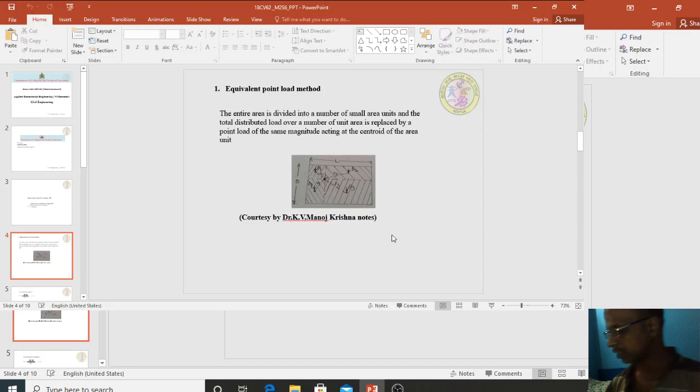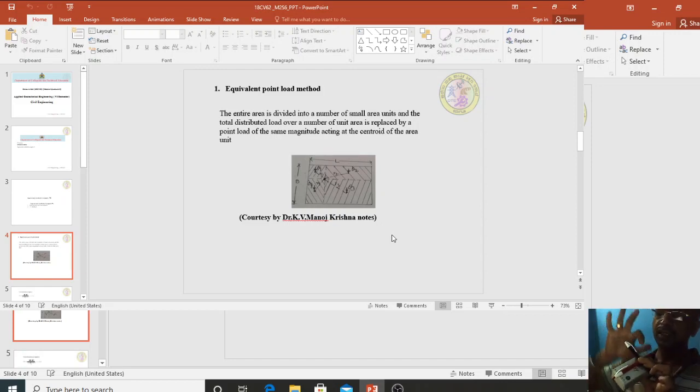Coming to the equivalent point load method, suppose I consider this as a rectangular area and I want to calculate stress at this point, then we divide that entire rectangular area into 4 parts. You can see here part 1, part 2, part 3, part 4.